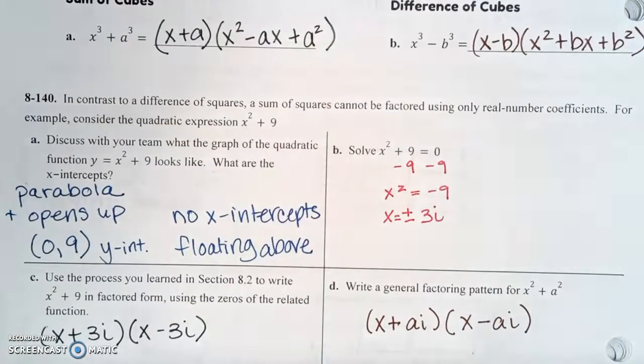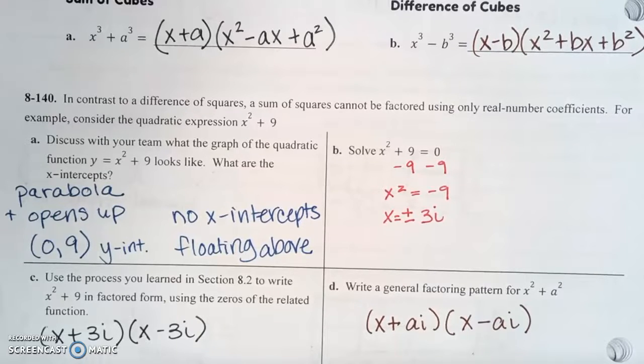Okay. So 140 says, in contrast to a difference of squares, a sum of squares cannot be factored using only real number coefficients. For example, consider the quadratic expression x squared plus 9. Okay, for part A, it wants us to discuss what the graph of the quadratic function y equals x squared plus 9 looks like.